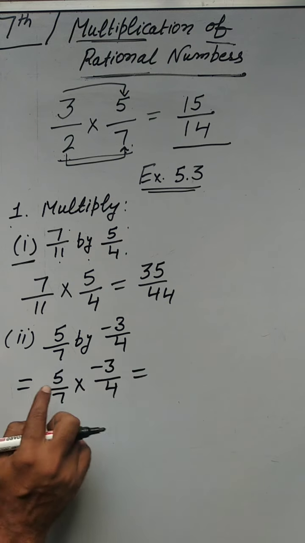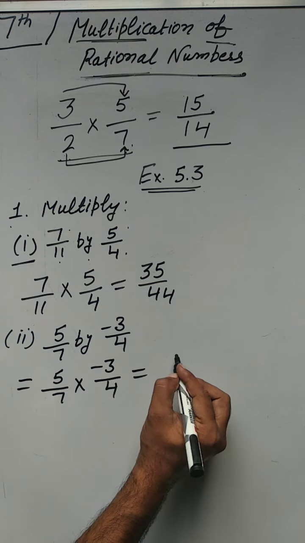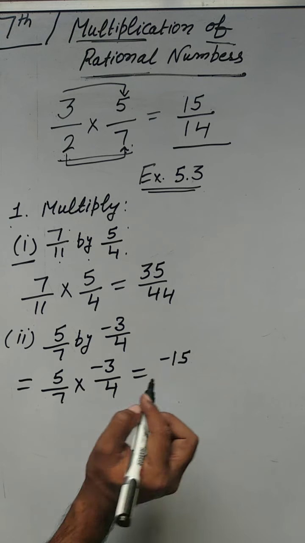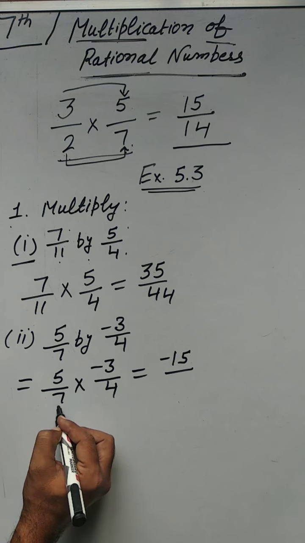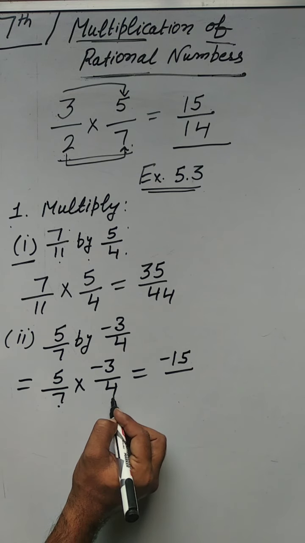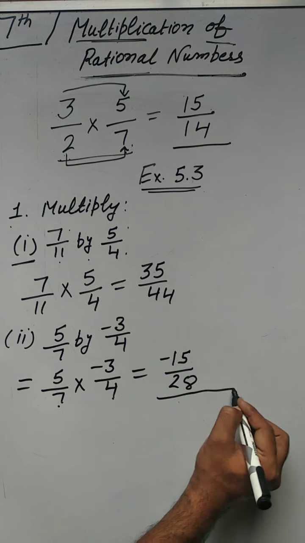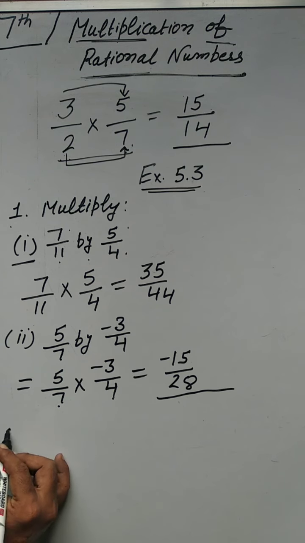Now beta, multiply numerator with numerator, 5 multiply 3, 15, but the sign is minus. Keep in mind the sign convention. Denominator with denominator, 7 multiply 4, 7 4s are 28. Very simple. Understood beta? Clear? Similarly, you have to proceed in part third and fourth.